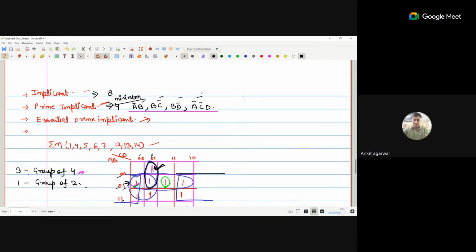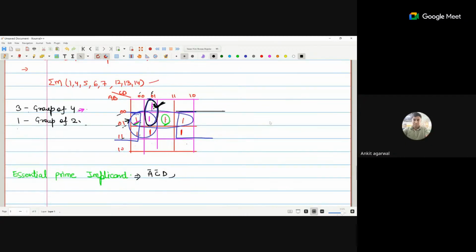Clear? Yes, sir. We show these four groups here. Now can you see this group of two, where one term is available that cannot create any other group? So only one group is possible, this one. That is an essential prime implicant.